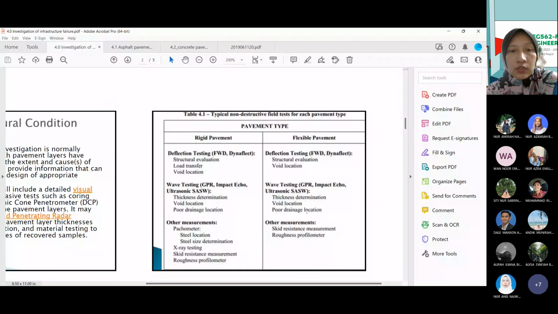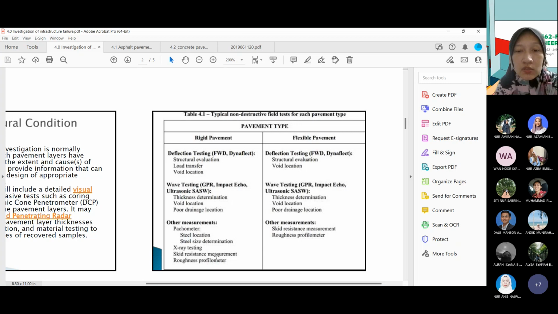So, for example, deflection testing, wave testing, other measurements on the steel size determination, X-ray testing, skid resistance measurement, and roughness profilometer. All these things, when you look at this slide, can also be used as part of your final year project, if you get involved in a pavement and highway research project.